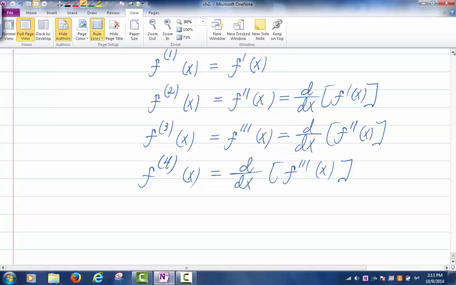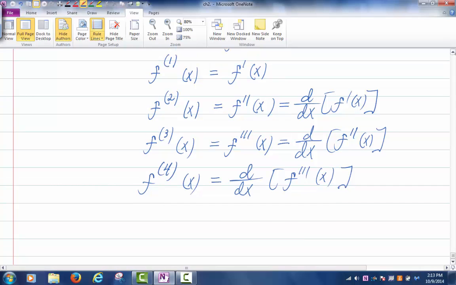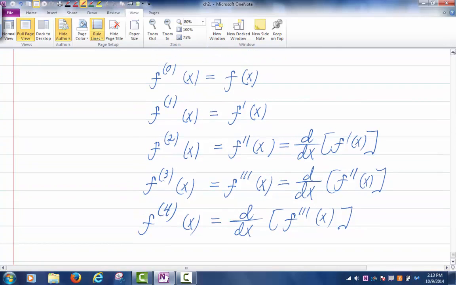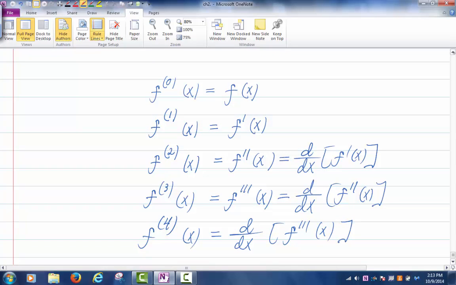There is another notation that is used for these derivatives. First of all, remember we are using y to denote the function f, right? So we can use dy dx for the derivative, right? We can use dy dx instead of just f prime, right?